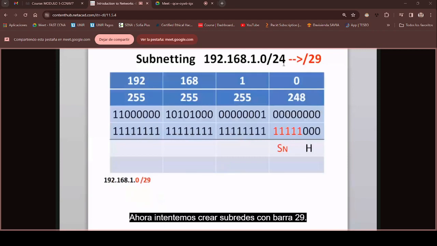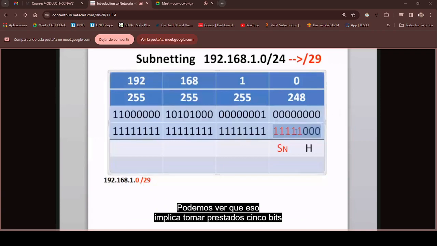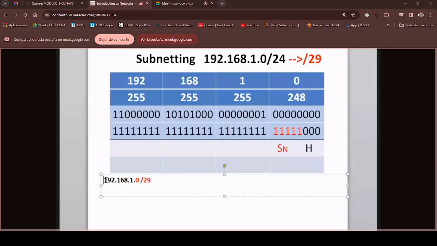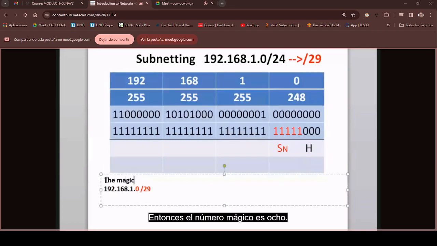Now let's try creating /29 subnets. We can see that that involves borrowing 5 bits from the host portion of the subnet mask, and that the last one is in the 8th place. So the magic number is 8.